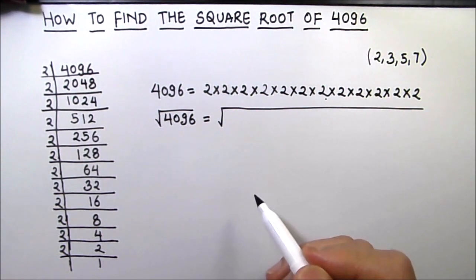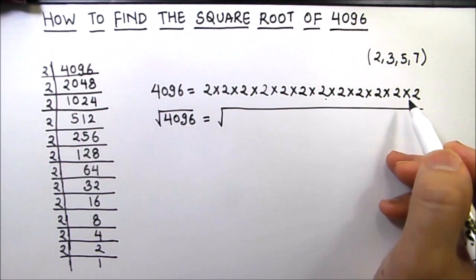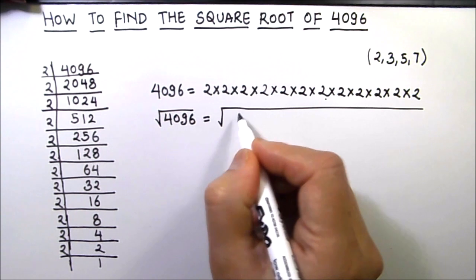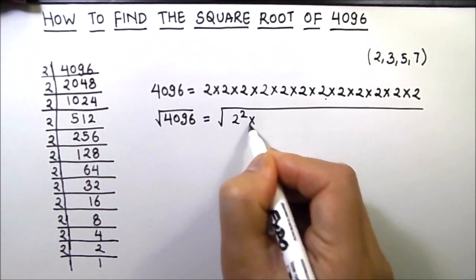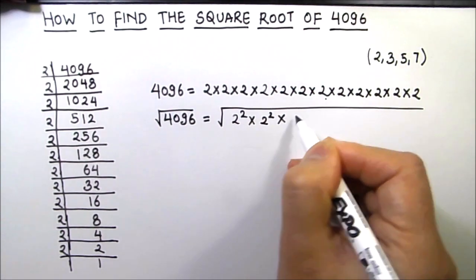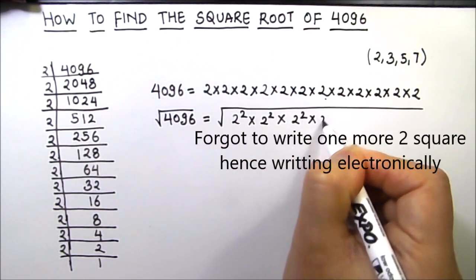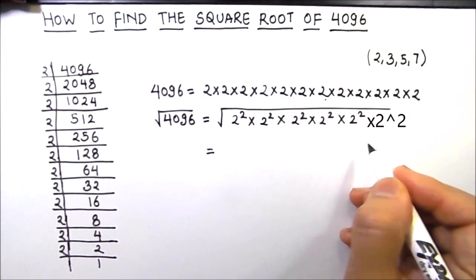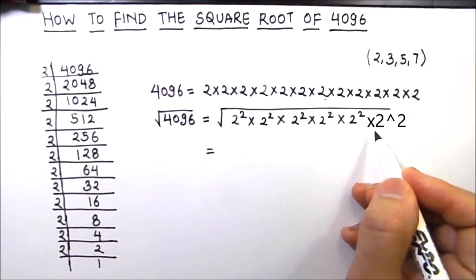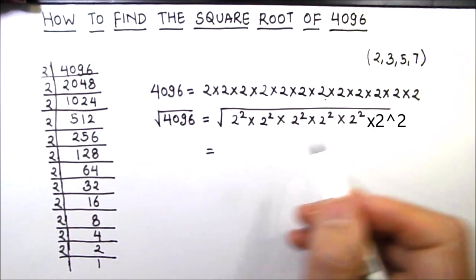As we are finding the square root, let's write these numbers in terms of squares. So this becomes 2 square times 2 square times 2 square times 2 square times 2 square times 2 square. As these numbers are in square, these numbers can come out of the square root sign.